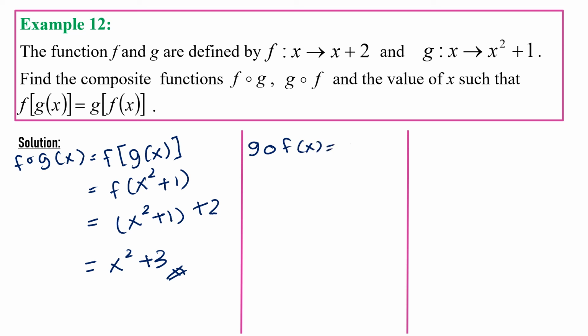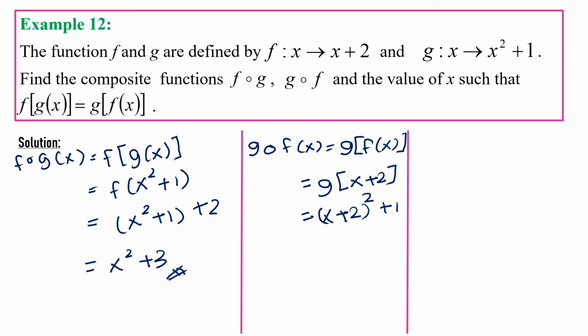So we have g on the outside, f on the inside. Okay, so the inside function, first we need to substitute. We have x plus 2, and then we substitute it into the outside function. So (x plus 2) squared plus 1. So this is the function.